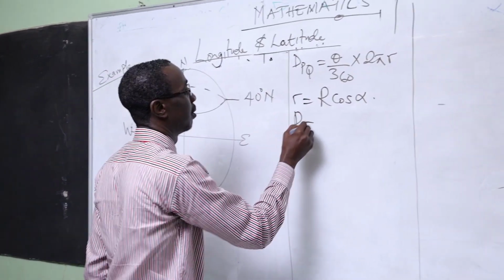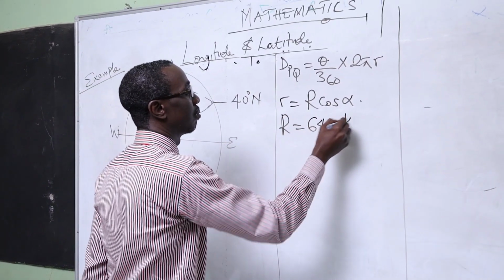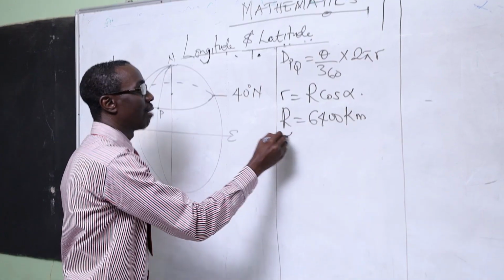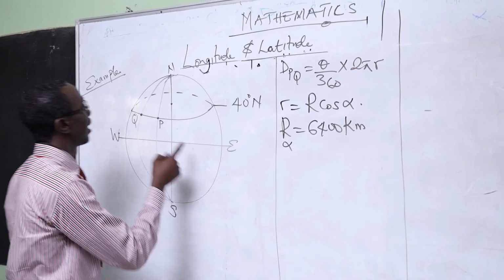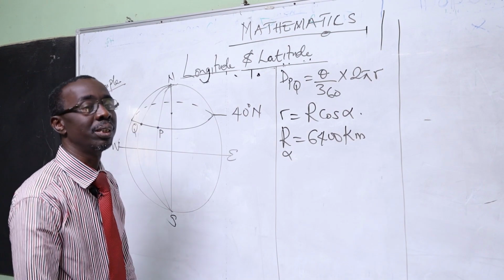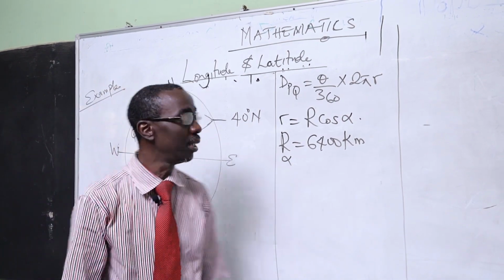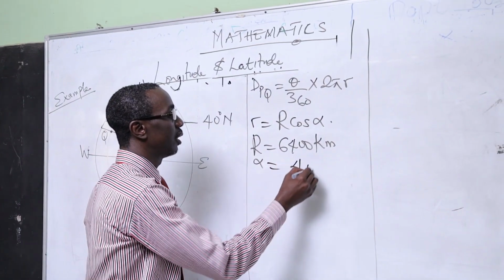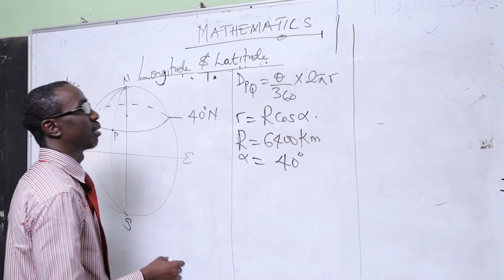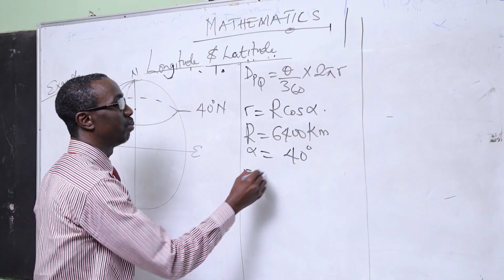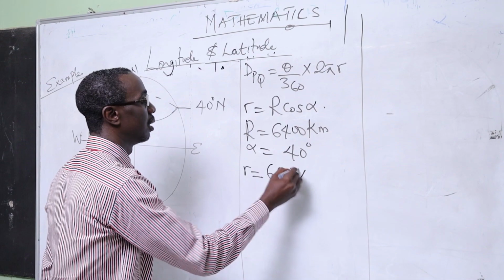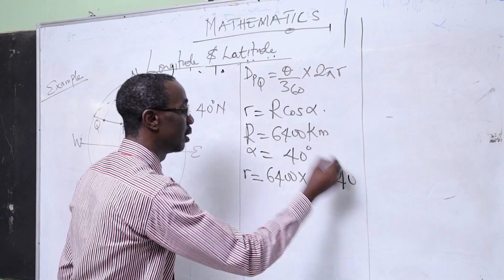That's capital R. And my alpha, with the diagram on the board, the degree of the common latitude, is 40 degrees. By substitution, my small r will be 6,400 times cos 40.